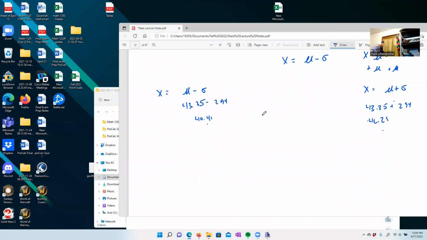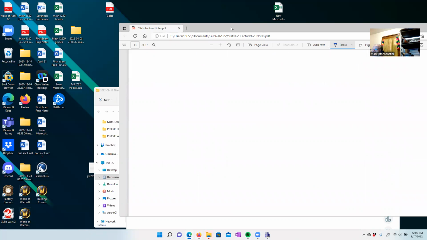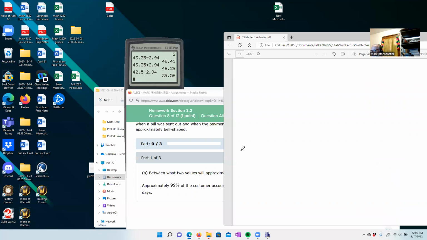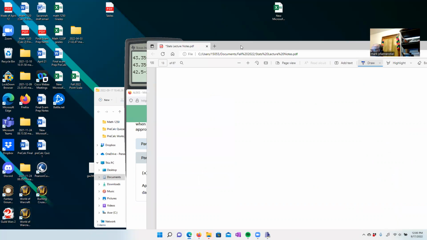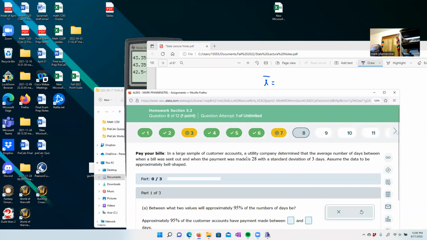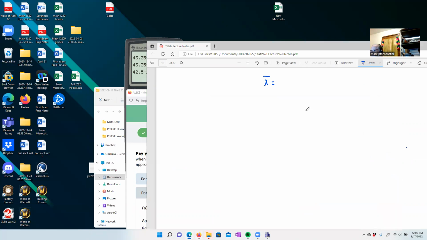So we're going to go back here. Okay, and I'll go ahead and say, well, what is our average, right? I'll go ahead and do it in the middle here. So we want our average, right? X bar is going to be, let's see if we can get through this one correctly. So we have 28 days, standard deviation of 3 days. 28.